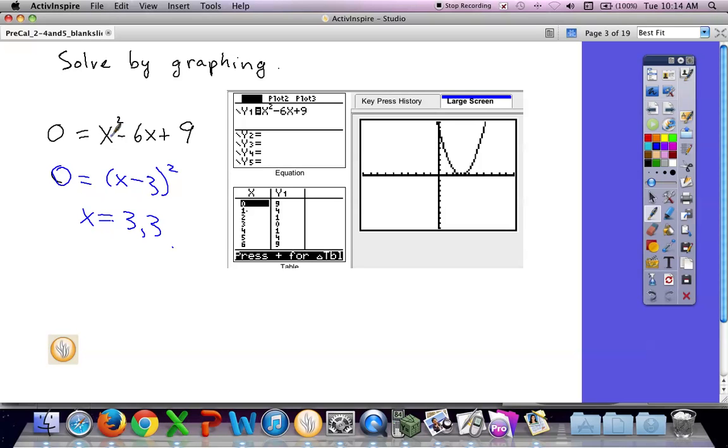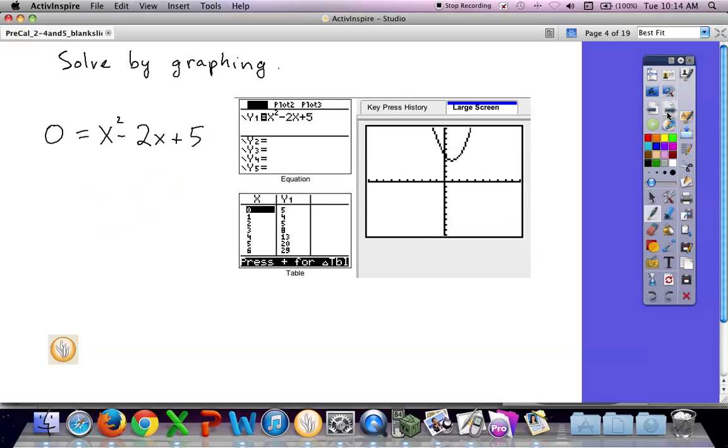Okay. But what if we have an equation like this, that when we graph it in the calculator, it's a parabola that actually doesn't cross the x-axis? Well, at that point, you don't have any real zeros. Up until this last lesson, we were only looking for real zeros.